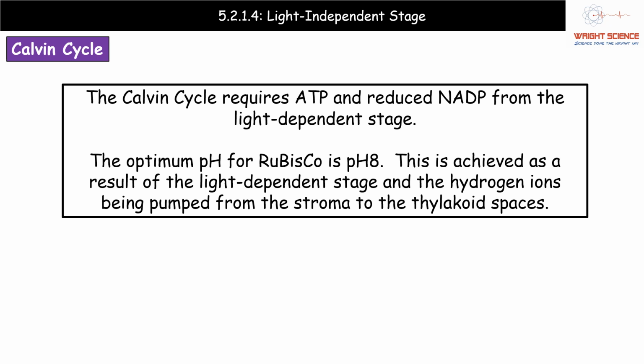Now, because we're pumping hydrogen ions from the stroma into the thylakoid spaces, what we're actually doing is removing hydrogen ions from the stroma, and hydrogen ion concentration is what gives us our pH at the end of the day. So if we're reducing the concentration of hydrogen ions, then we're making the pH become more alkali. So we're moving it towards that pH 8 because there's a lower concentration of hydrogen ions present, which means we've shifted the optimum pH closer to what it should be for our rubisco.